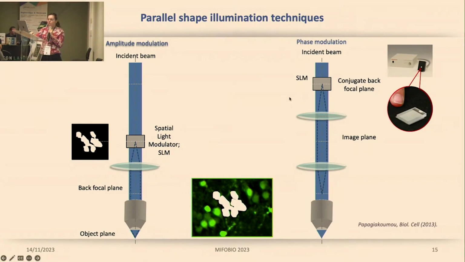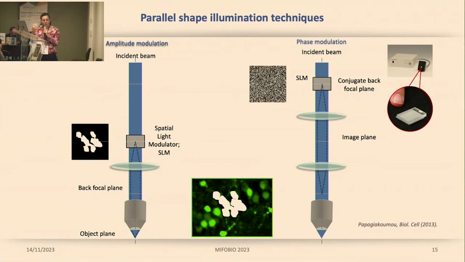In case of phase modulation, our spatial light modulator is conjugated to the back focal plane of the objective. So here we are in a Fourier plane, and what we need to do is to produce the Fourier transform of this pattern, such that after going through our lenses it gives the desired intensity. So in this case, we have some computational time that we have to take into account.